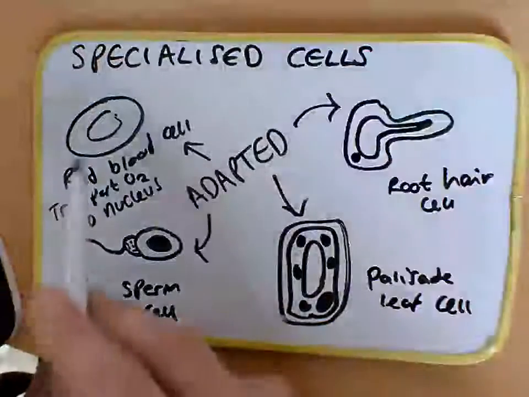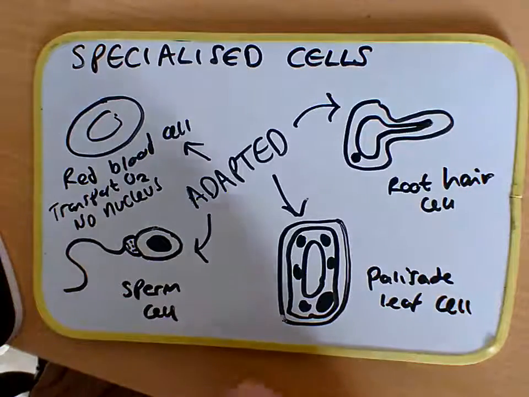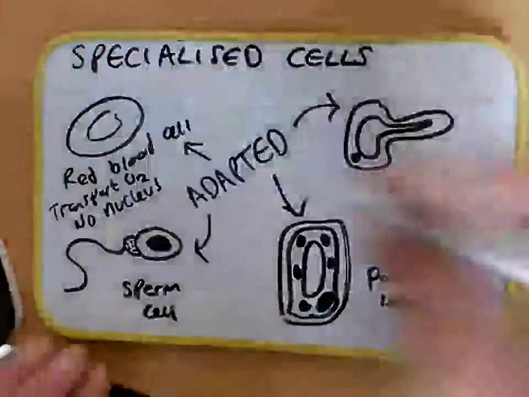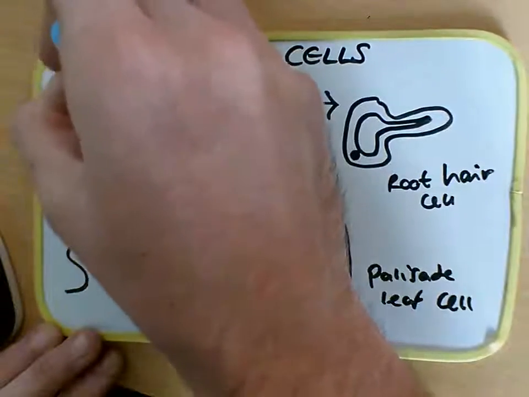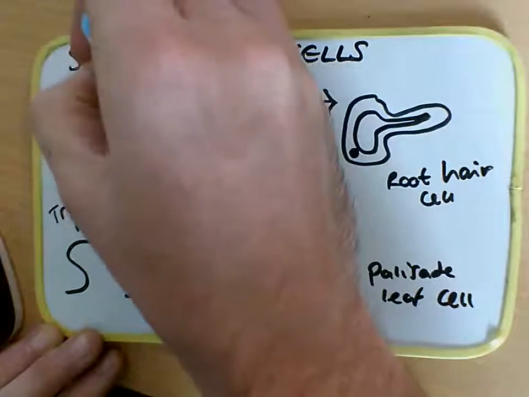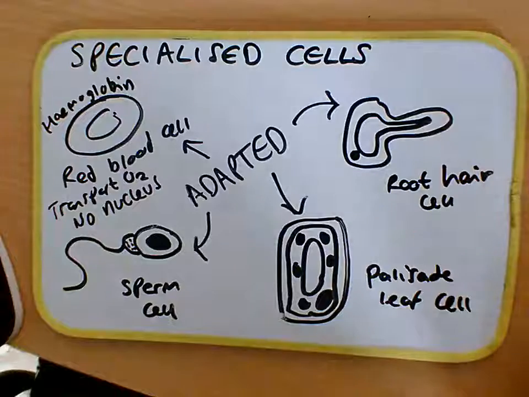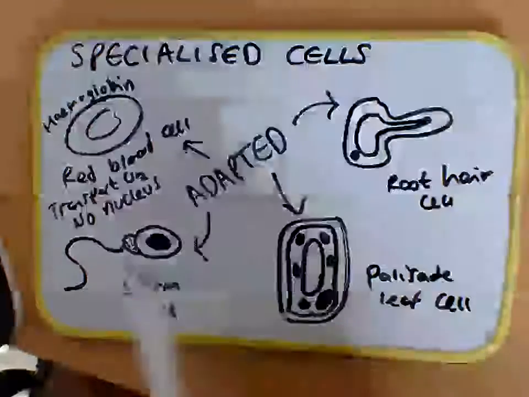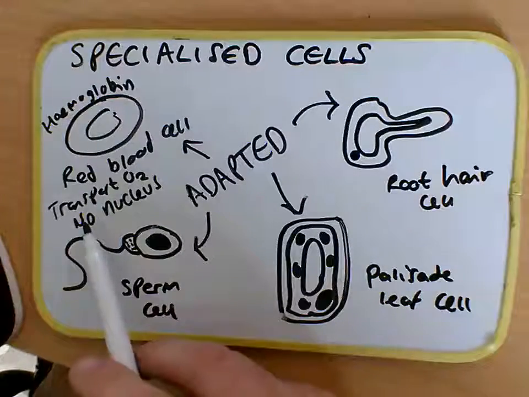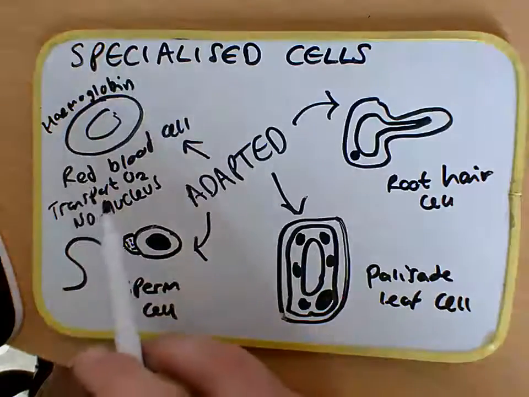It also contains a special protein called hemoglobin that contains iron that allows it to transport the oxygen. So if you've ever cut your lip, you've tasted blood, it tastes metallic. It's because there's actually iron there. So the red blood cell, no nucleus, so it can make space for the hemoglobin, so it can transport the oxygen.